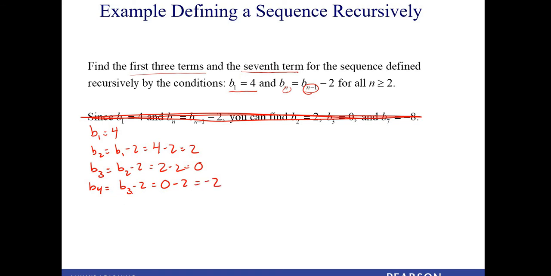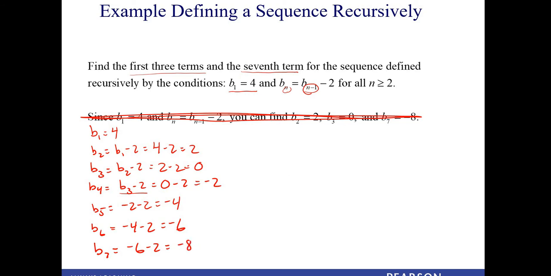I'm going to shorten this a little bit by not writing this step. B sub 5 is the previous term minus 2, which is -4. B sub 6 is -4 minus 2. And B sub 7 is -6 minus 2.